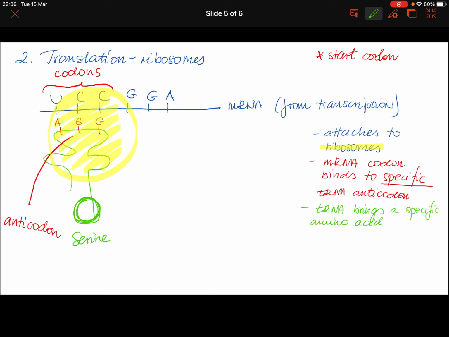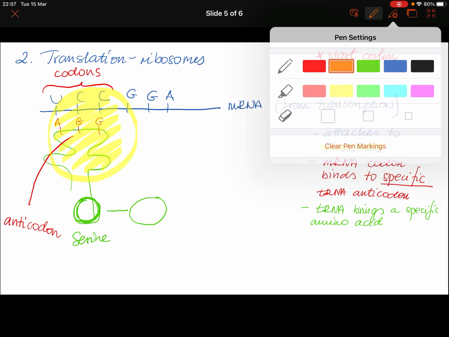So that specific amino acid which is brought by this tRNA, it's serine. This process keeps repeating and repeating. So the sequence of the codons determines the further sequence of amino acids that will be found in this chain.